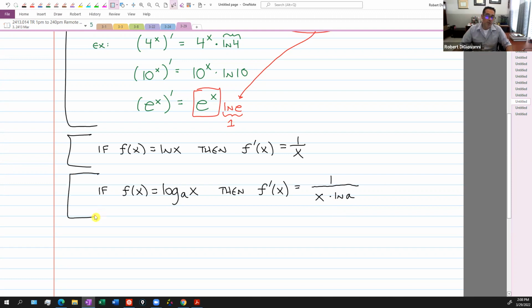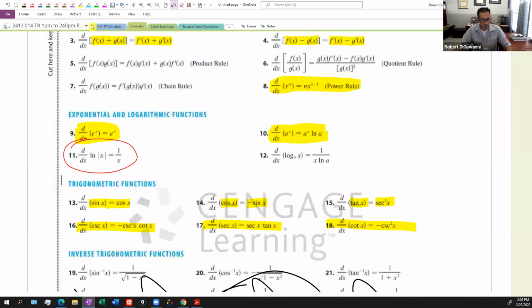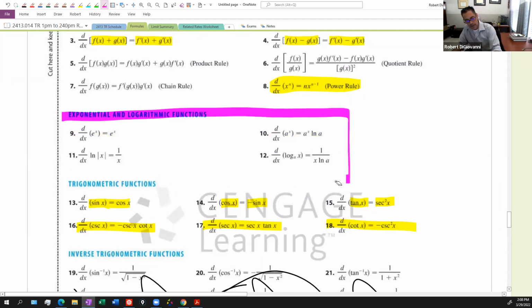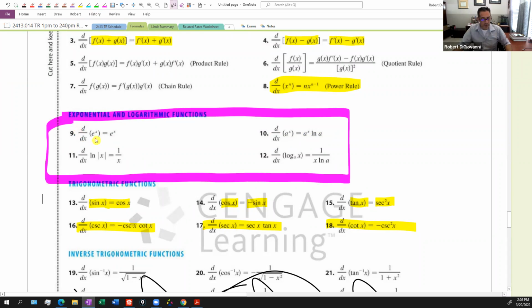These are your 4 new major results from today. These are the 4 major results that are on your formula sheets, this whole section 9, 10, 11, 12, right here. The derivative of e to the x is itself. The derivative of natural log of x is 1 over x.